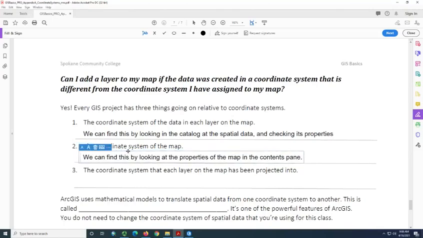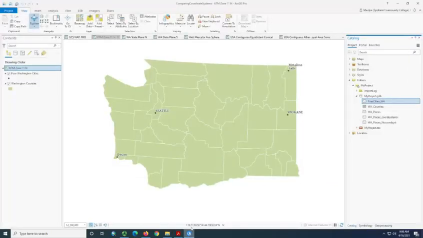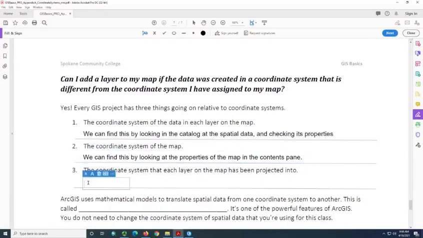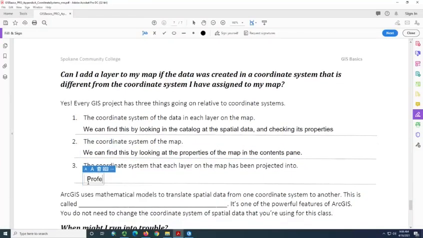Okay, and then the coordinate system that each layer on the map has been projected into. That's called projecting on the fly. And so this means that every layer shows up in the right location.